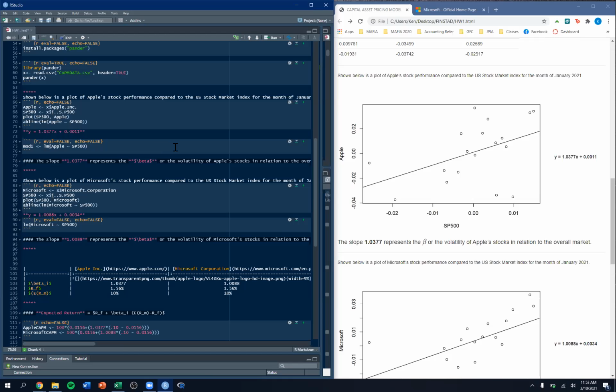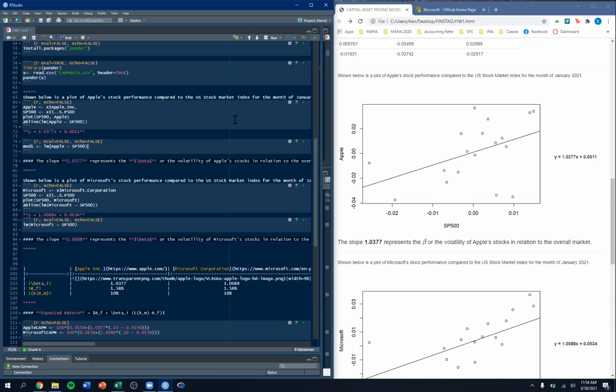Later on, guys, maybe week 8 or 9, depending, we're going to learn about simple regression and multiple regression. So this is the code to regress a variable, Apple, on another variable, the independent variable S&P.